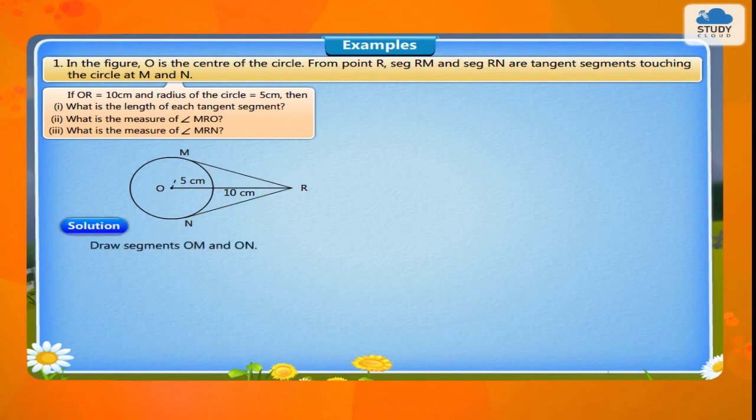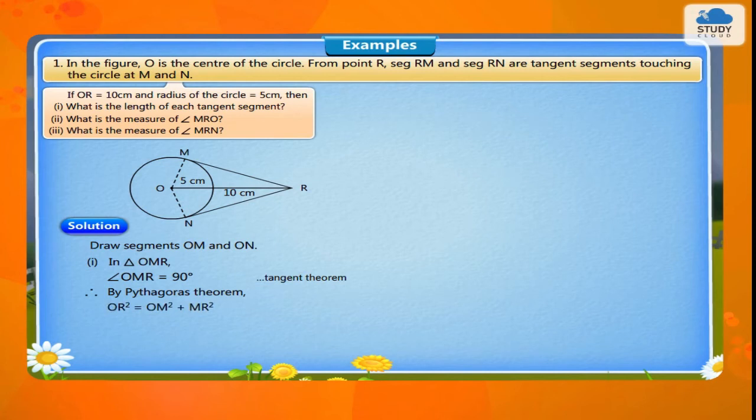Solution. Draw segments OM and ON. 1. In triangle OMR, angle OMR is equal to 90 degrees. Therefore, by Pythagoras theorem, OR square is equal to OM square plus MR square. Therefore, 10 square is equal to 5 square plus MR square. Therefore, 100 is equal to 25 plus MR square.